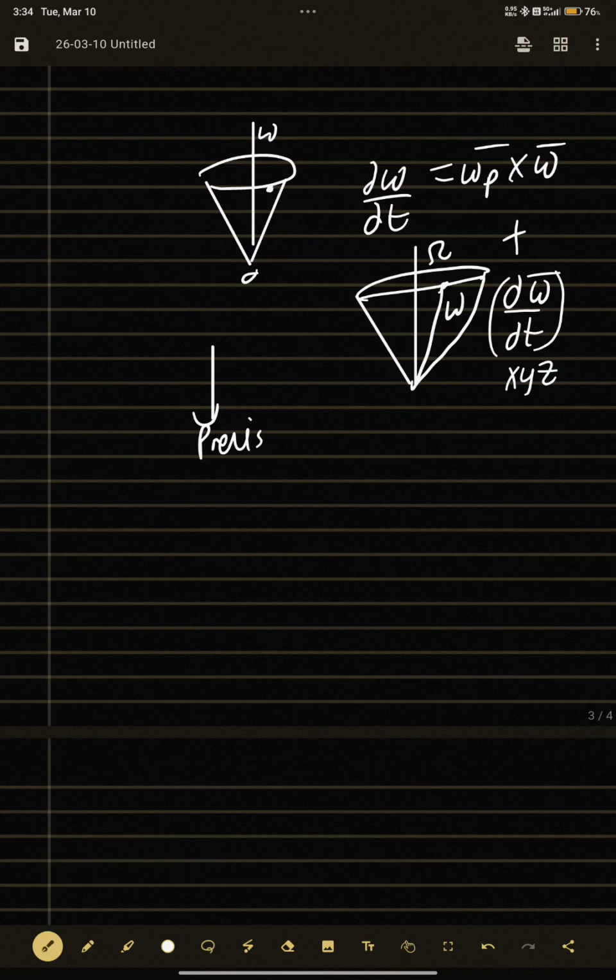This is due to the direction. Right now we have not talked about this, but this will also come. When it is constant, then it will only be.